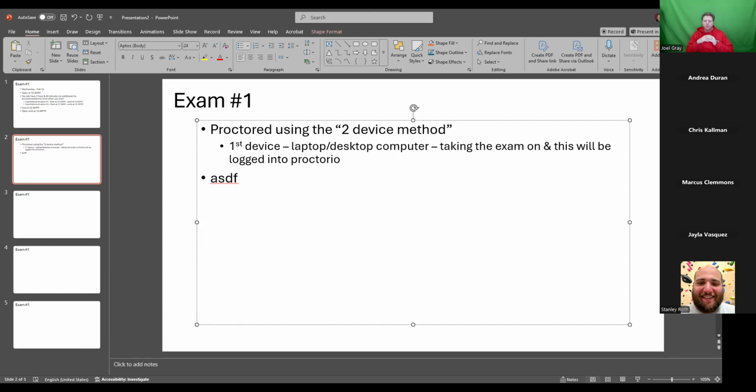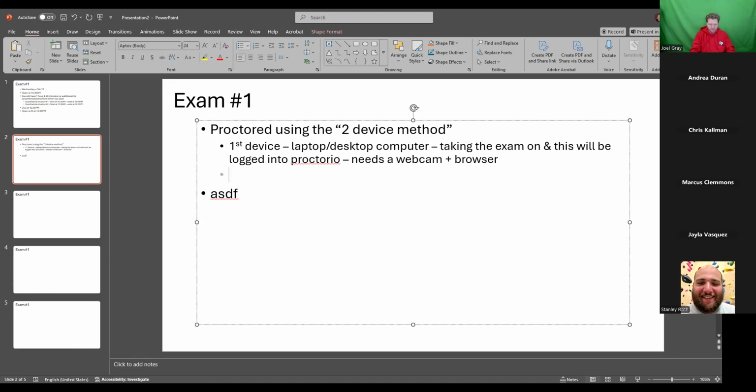So this first device, what does it need to have? It needs a webcam and a browser, and that's about it. This is the device that you're going to log in on, and you're going to be answering your questions on.